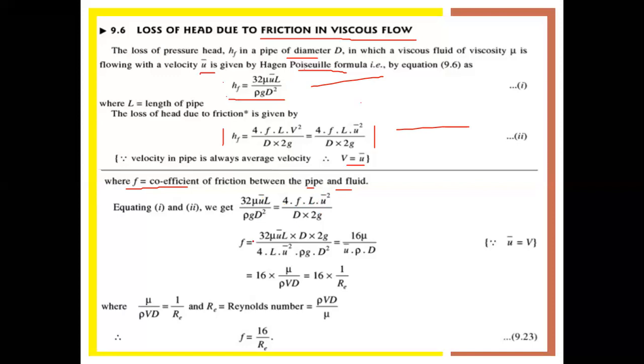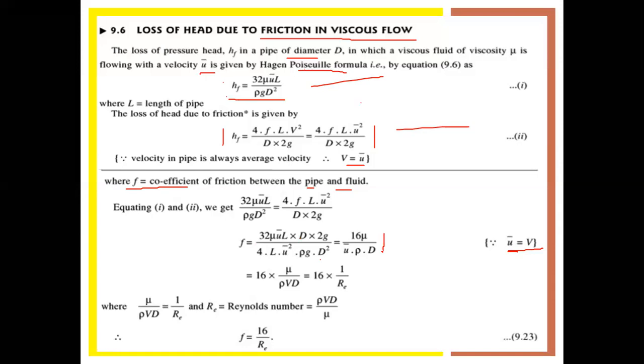Since u bar is equal to V, f is equal to 32 mu u bar L d into 2g divided by 4 L u bar square rho g d square. Substituting and simplifying, we get 16 mu divided by u bar rho d.